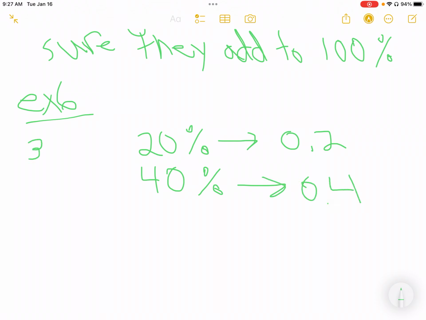It says scores on 3 tests were 60%, so we got a 60%, right? So 60% is like having a 60 on your test. And then a 70%, an 80%, and then his final paper was a 60%.